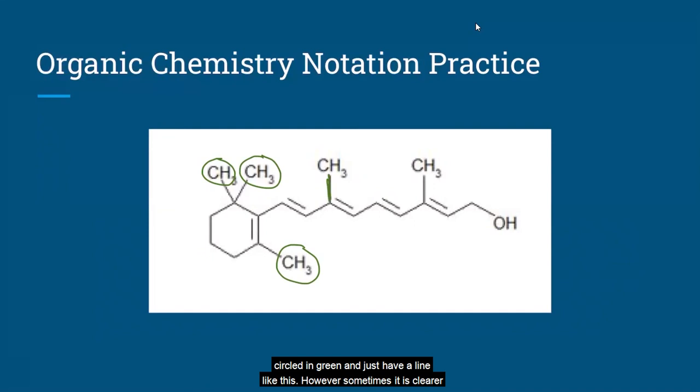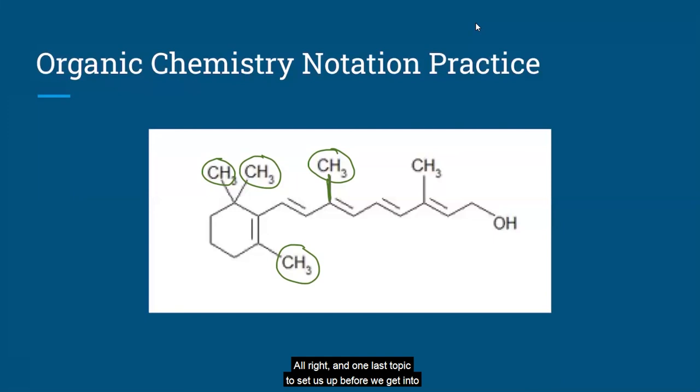However, sometimes it is clear to also draw each terminating carbon group. And that is just to clarify that you didn't make a mistake when you were drawing this compound, and that you indeed intend for there to be a carbon atom with 3 hydrogen atoms at this terminating branch.